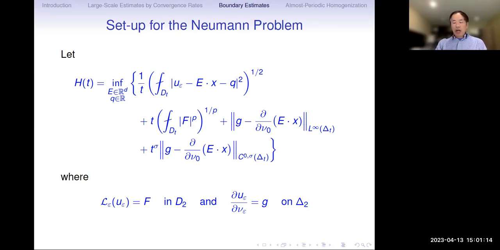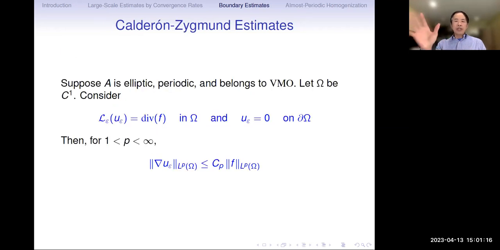All right, so let me also mention the Calderón-Zygmund estimates. It's also called the W^{1,p} estimate. So now you have an equation with right hand side divergence of f, and let's assume u epsilon equals 0 on the boundary.